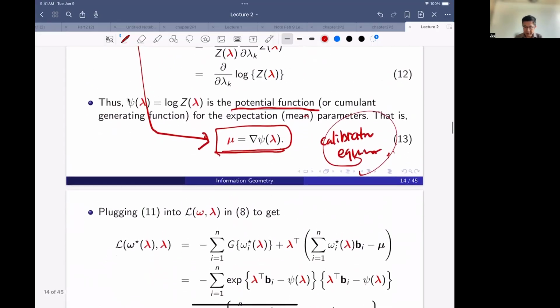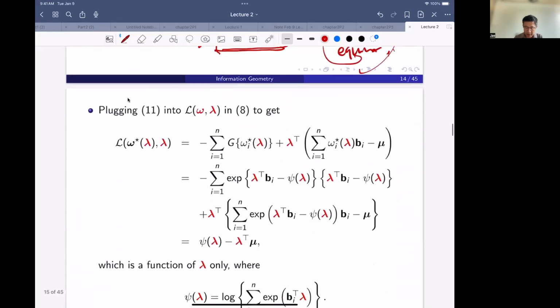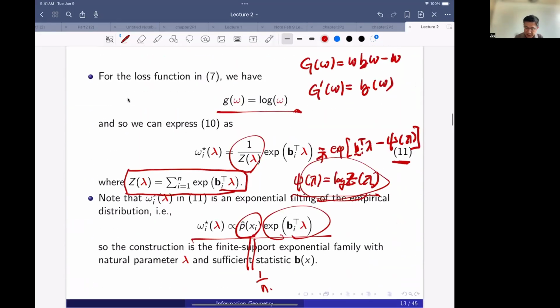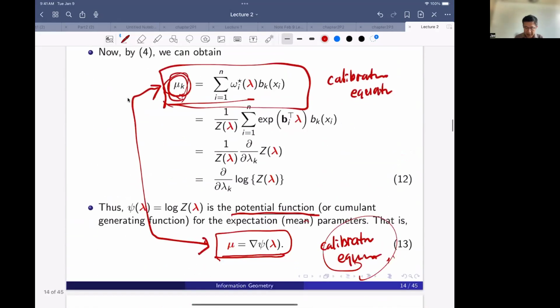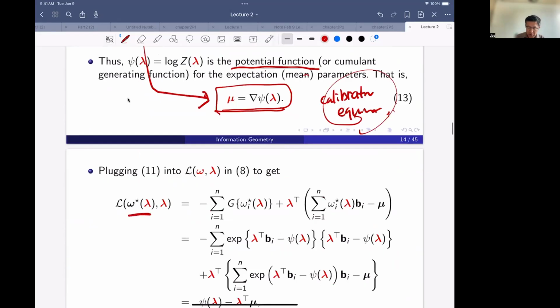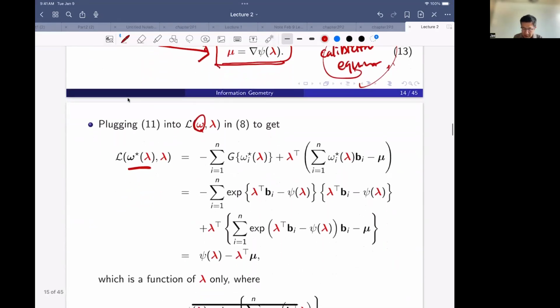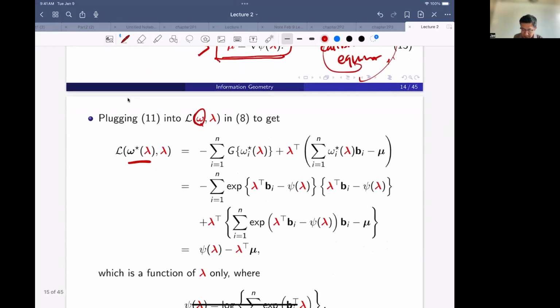Now, another observation is that because we know the form of the omega star, we plug it into the original Lagrange multiplier and simplify. Then basically this is the original one, and then this guy.